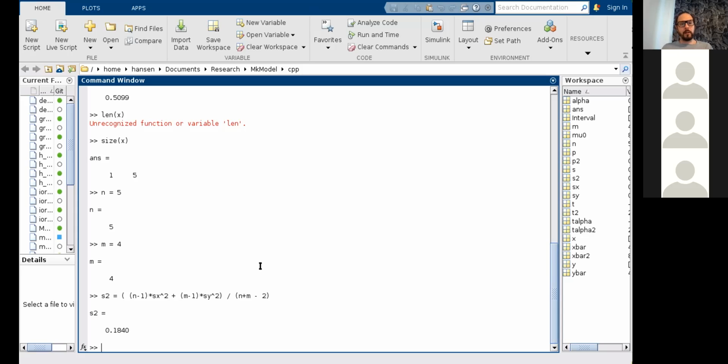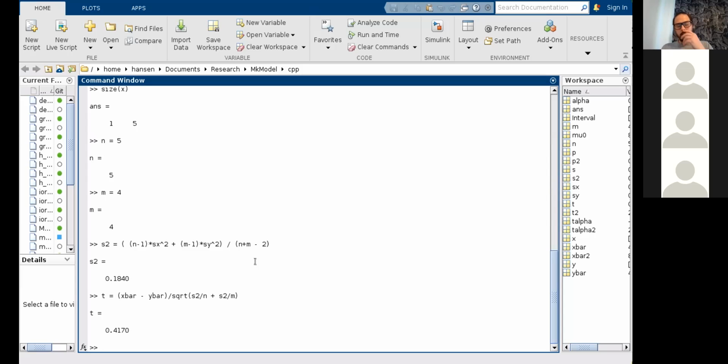And I'm going to calculate the t-statistic now. So my t-statistic is going to be x bar minus y bar over the square root of s squared over n plus s squared over m. That's my t-statistic.